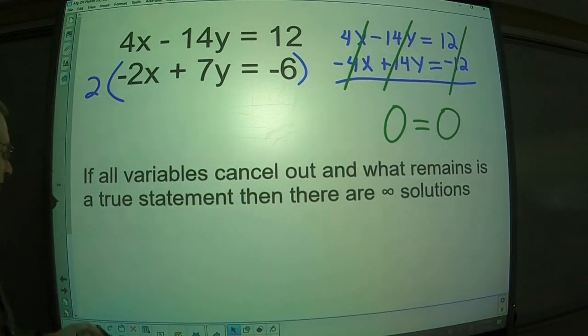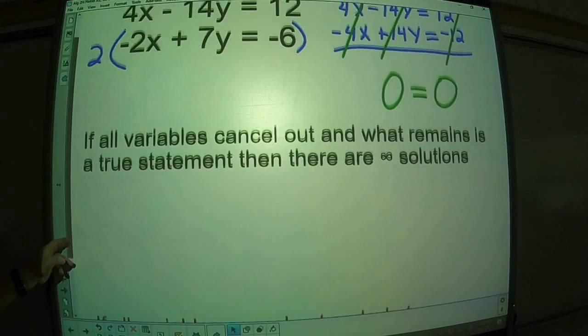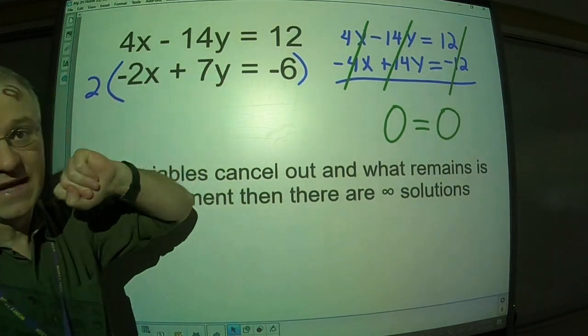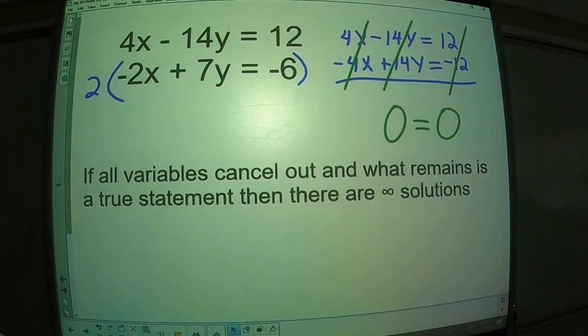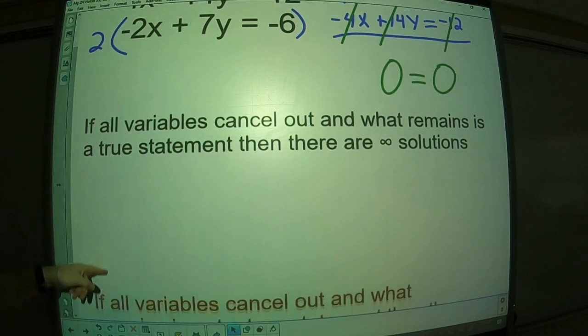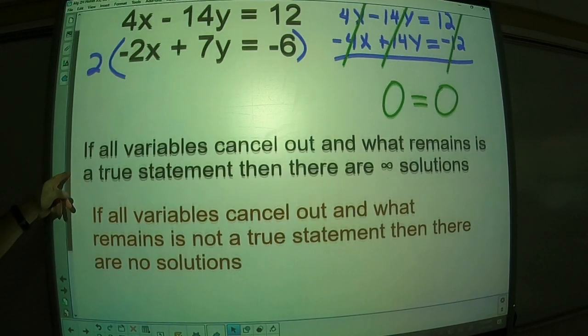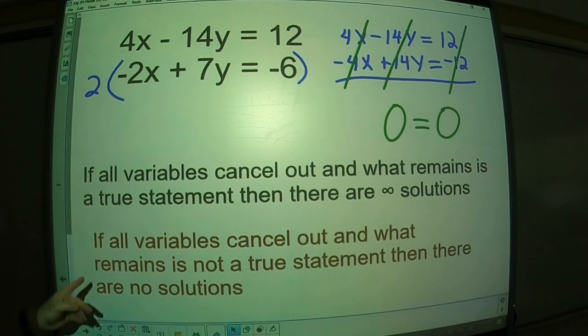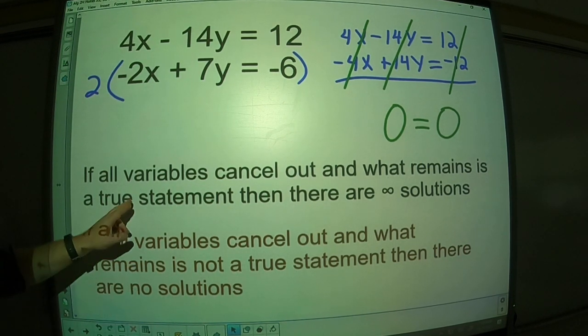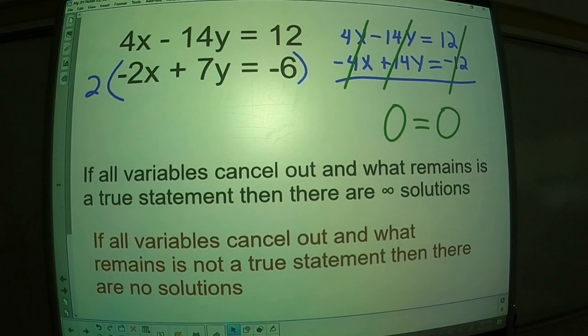However, if that 12 was an 11 instead, then that other side wouldn't cancel and it would have a number there other than 0. So if that's the case, if all the variables cancel out and what remains is not a true statement, then there are no solutions. That would be a situation of parallel lines, where this is the same line.